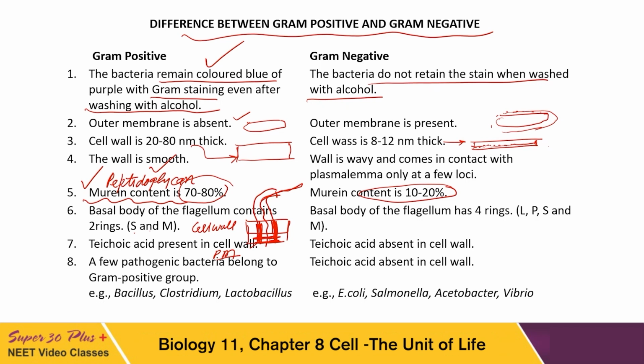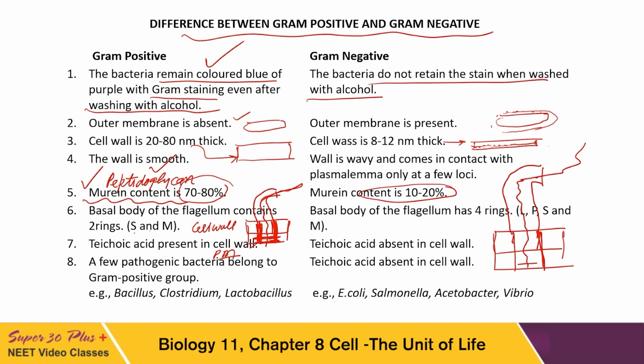While in gram-negative bacteria, just so you can remember for reference, this is the cell wall, this one is the plasma membrane, this is the basal body of the flagellum, this is the hook we have here, and this is the flagellum. Here the flagellum has four rings.